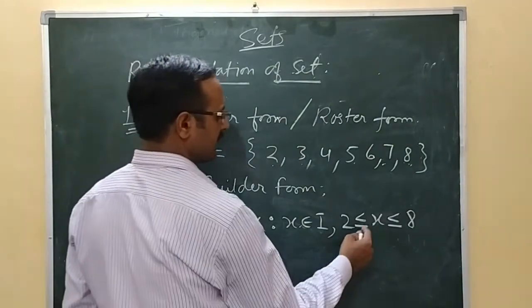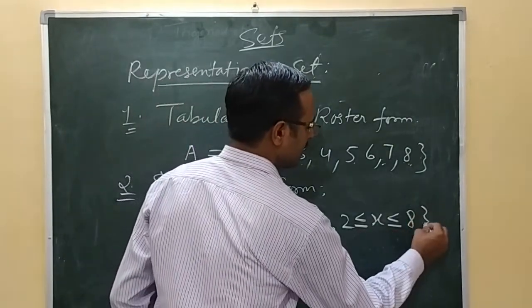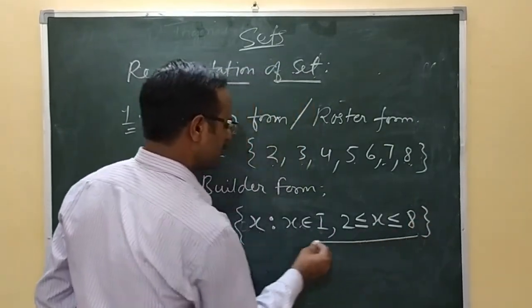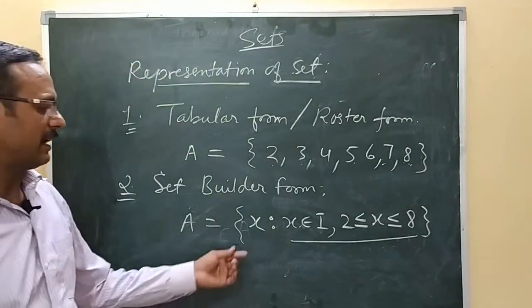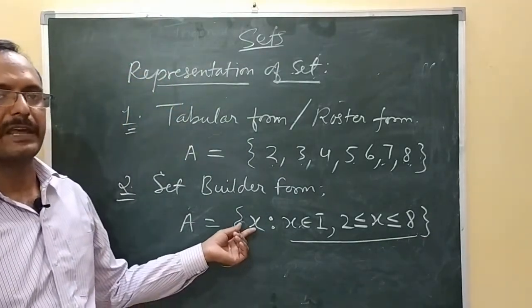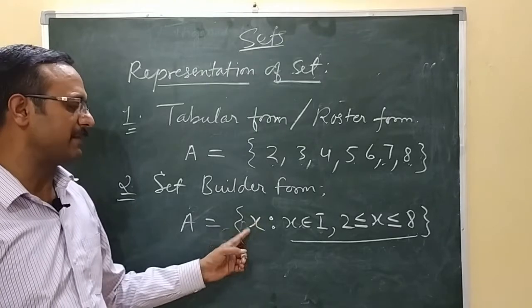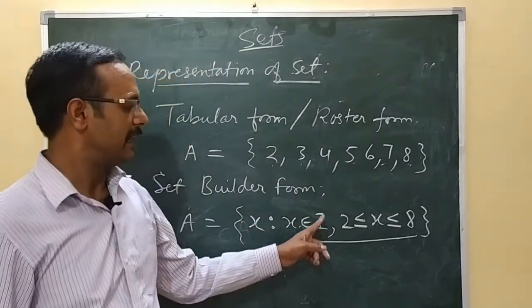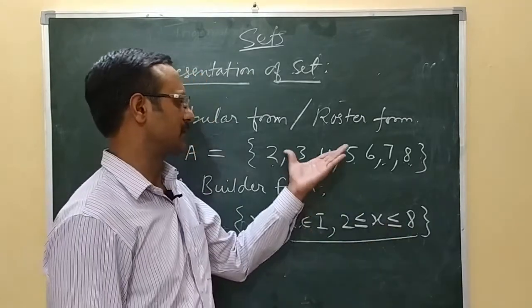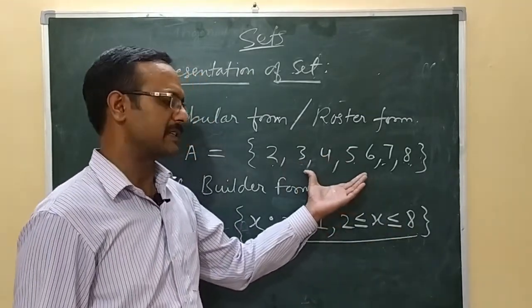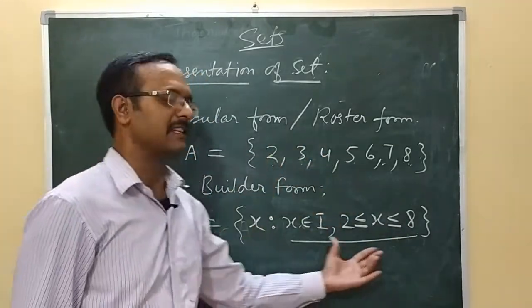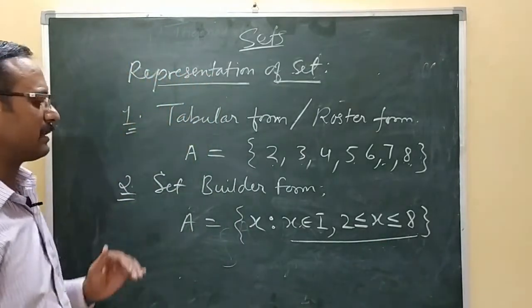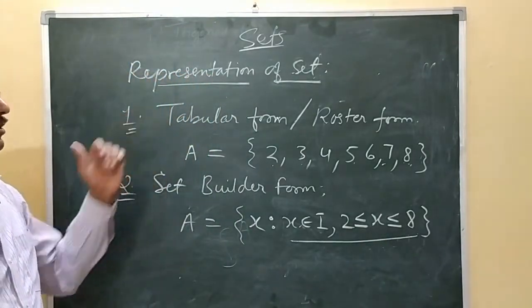So x is greater than or equal to 2 and less than 8. This part is the definition of the set, and this is the representation of elements. Each element is represented by x, where x is an integer. The same set is represented in set builder form in this way. So this is our set builder form and roster form.